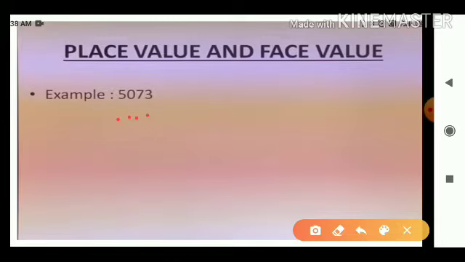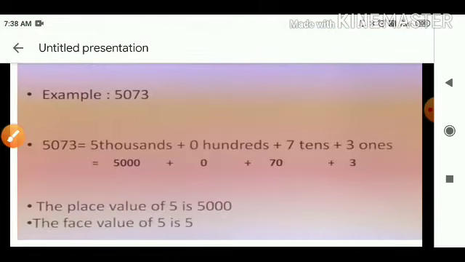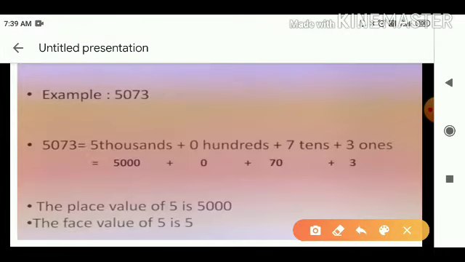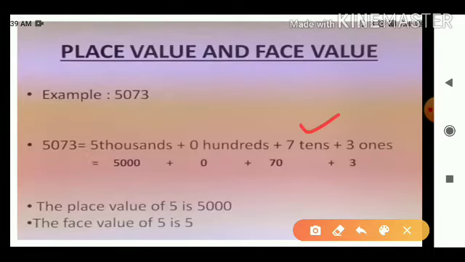Okay. See what happens here. From right side to the left side, from ones position to the thousands position: 3 ones is 3, 7 tens is 70, 0 hundreds is 0, 5 thousands is 5000.